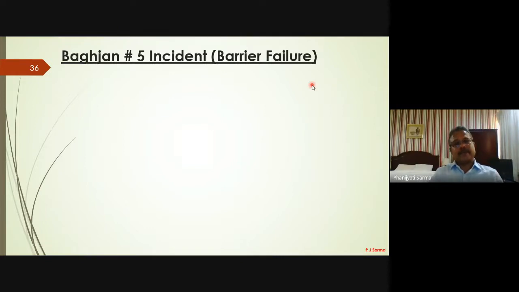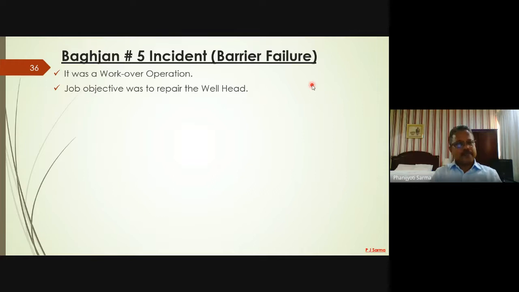Actually, there was a barrier failure. It was a workover operation. What was the job objective? The objective was to repair the wellhead. So they had an issue with the wellhead, and they deployed the workover rig in order to repair the wellhead.